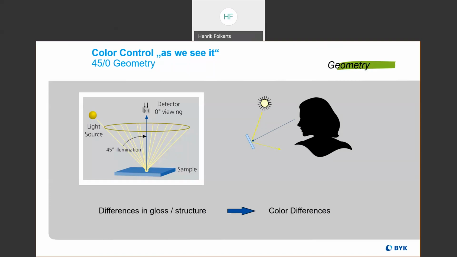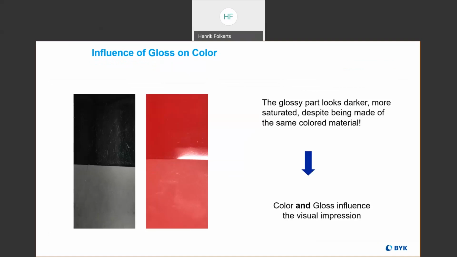And so for this type of instrument, differences in gloss and structure on the surface do lead to measured color differences, just like we saw in that previous slide, where the only difference is in the gloss of the surface, but that causes us to see the two sides of each of these panels as being very different.